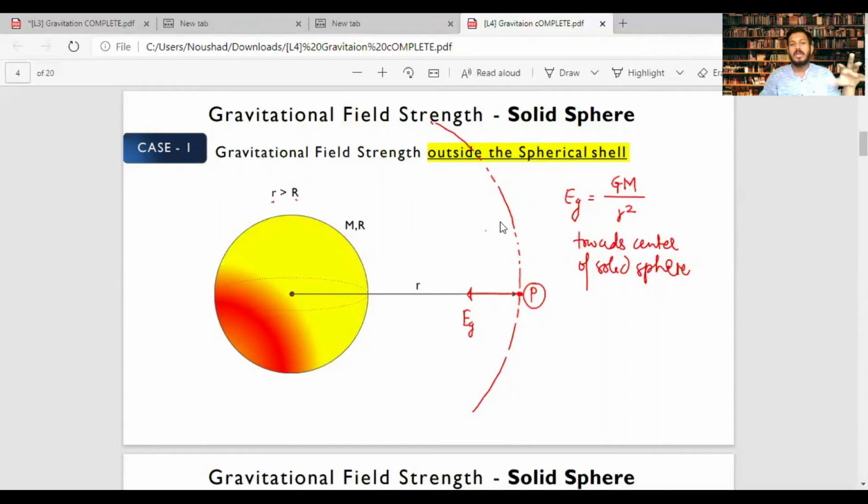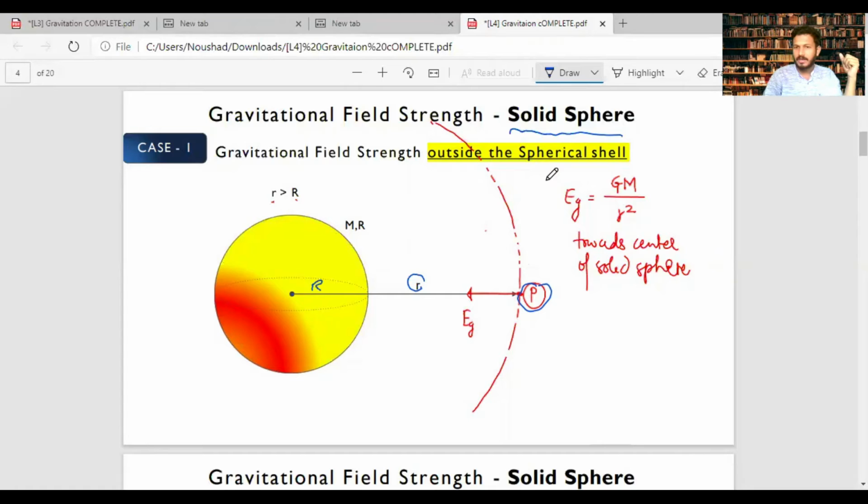Like that, here we can also study the gravitational field strength on different objects. I am discussing the solid sphere here. What is meant by solid sphere? Shot put ball, it's a solid sphere. Its radius is capital R, and I am considering a point P, at distance R from the center of the solid sphere.